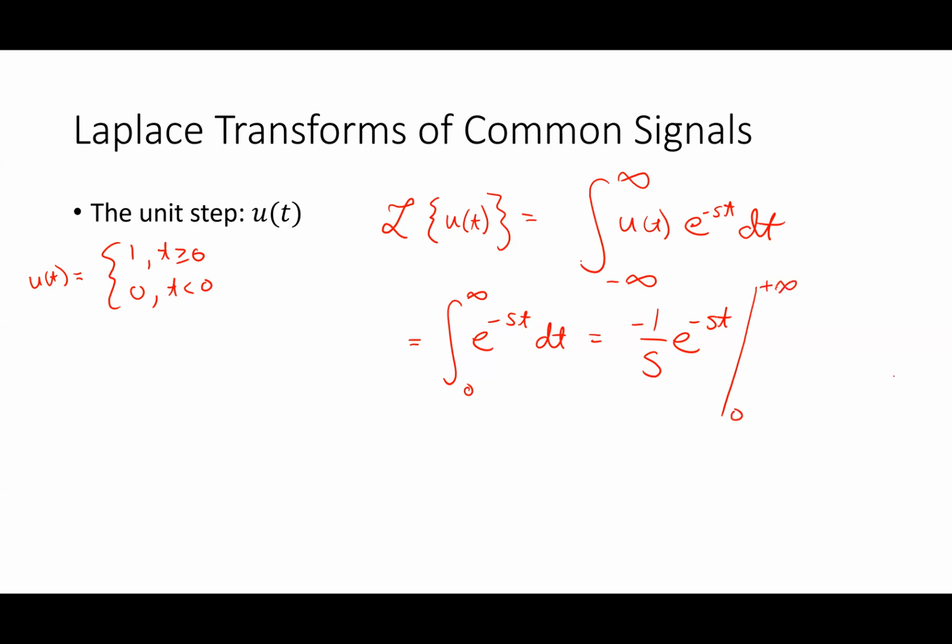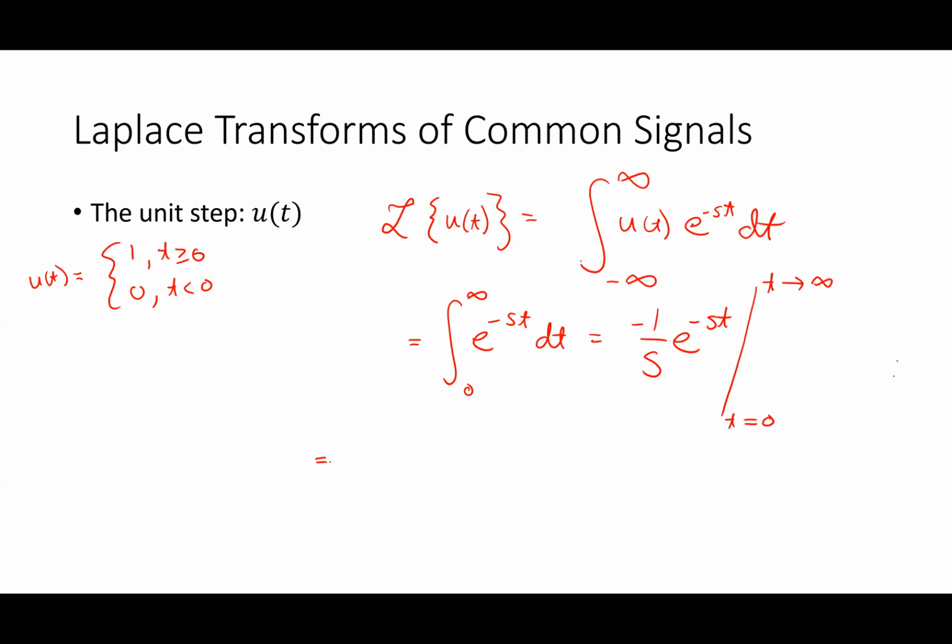Because this guy's a definite integral, I've got to evaluate it between the boundaries. And again, I'm integrating over t, so just to be really clear about this, because there's this variable s going around too. I say t equal to 0 and t approaching infinity. 1 over s times e to the negative st. As t goes to infinity, what's true about e to the negative st?